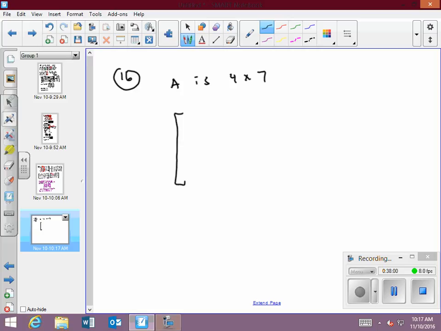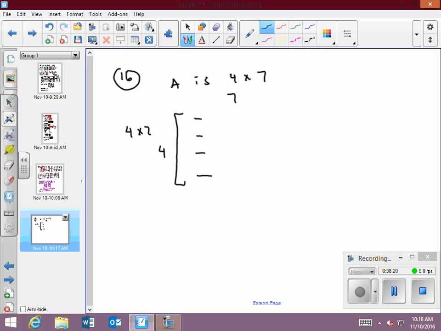What you have is 4 elements in each vector, and then you've got 7 of them. So this is a 4 by 7, with 4 along here and 7 along there.